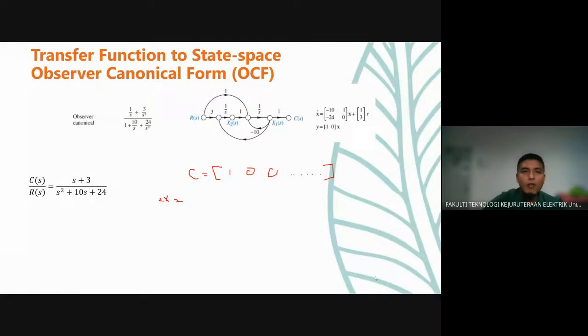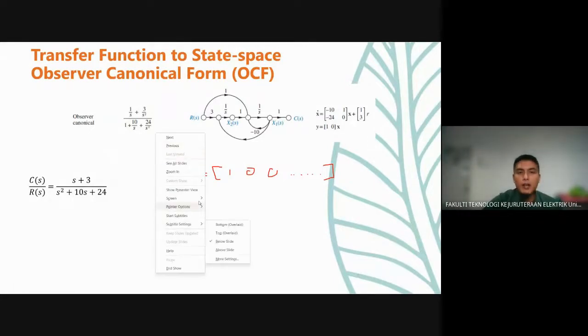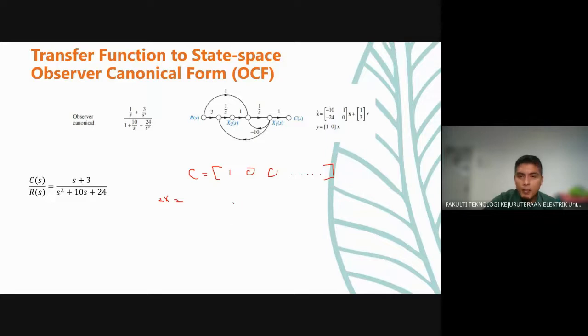Okay. For the OCF, you must remember this pattern. C is 1 0, the rest is 0. So let's say if we have a 2 by 2 matrix for A, your C will be 1 0.